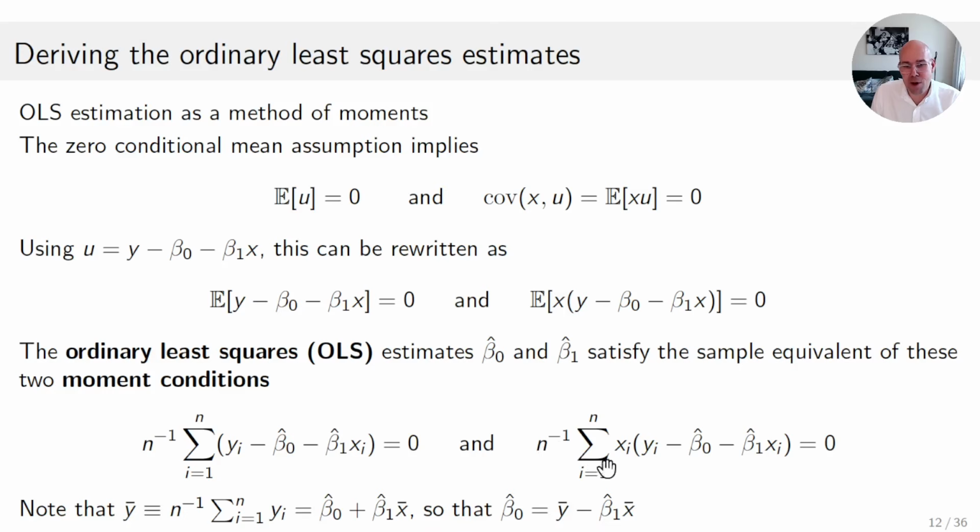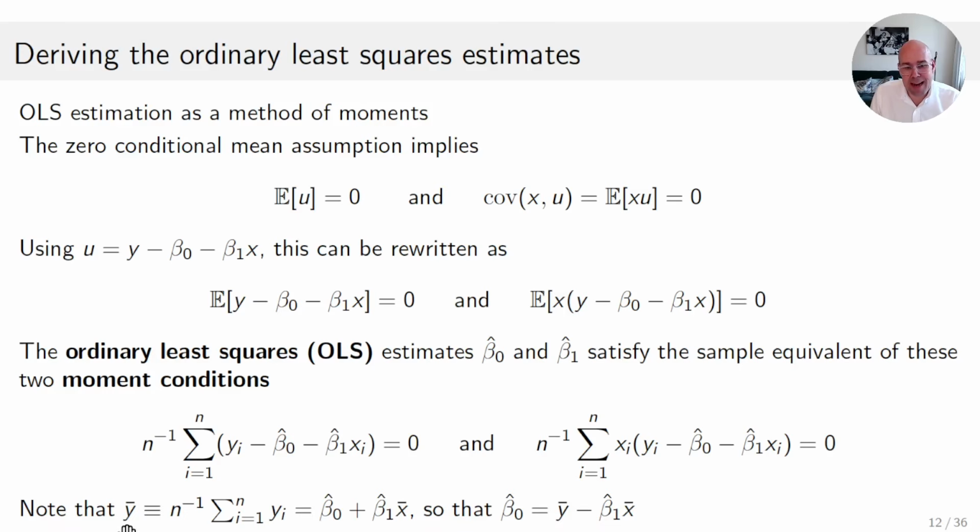So it's the average of xi times yi minus beta naught hat minus beta 1 hat xi, and that's going to be equal to 0. Now, that's already good, because when you look at these two averages, I have basically two equations in two unknowns. So all I have to do is solve for beta naught hat and beta 1 hat, and these are going to be my OLS estimates, which is great.